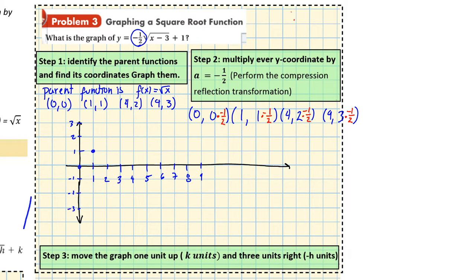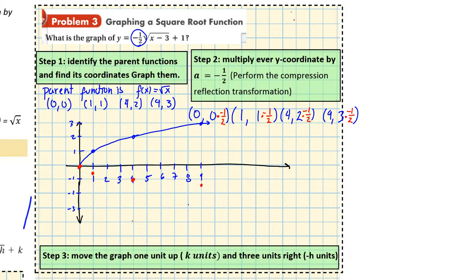When we multiply it by negative 1/2, these are the new numbers that we're going to get. We still have 0, 0, which is perfect. But now we're going to have negative 1/2, which is in the bottom right here. Then we're going to have at 4, negative 1. And at 9, we're going to have about negative 1.5. So somewhere around here.